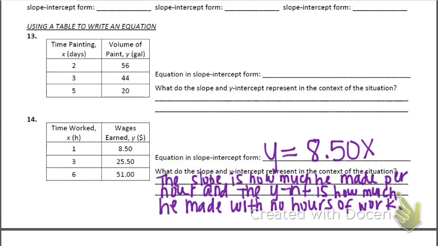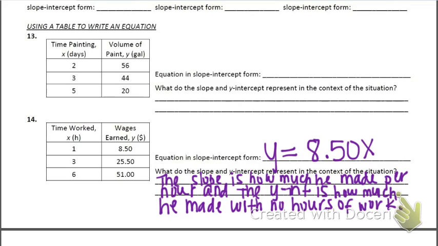Okay, so in this problem, we have the number of hours worked and the wages earned. The equation should have been 8.5x. No y-intercept. What does the slope represent? If I'm saying that for every hour, 8.5x, what does that mean? What is that slope?